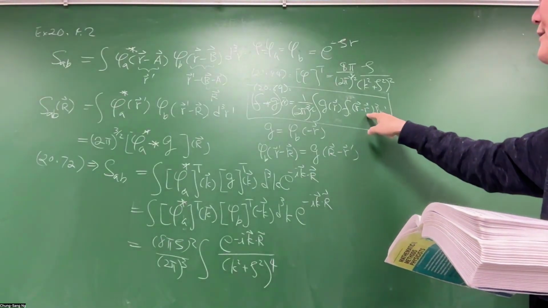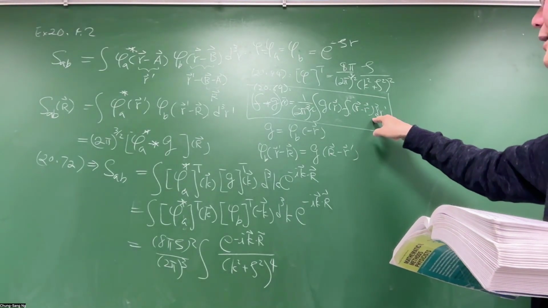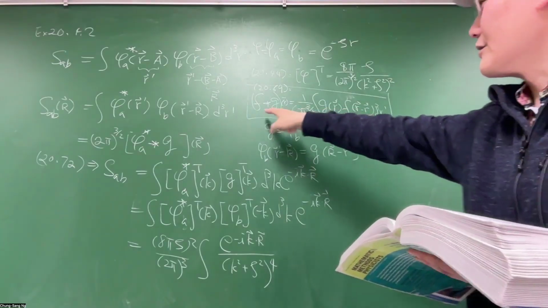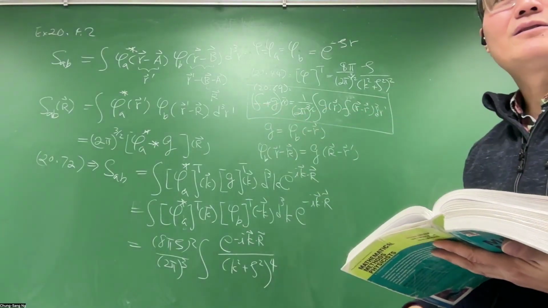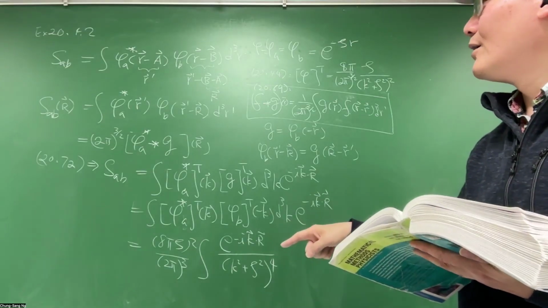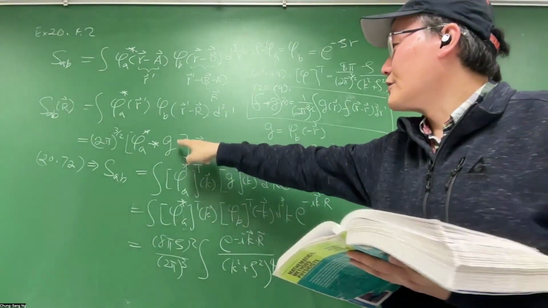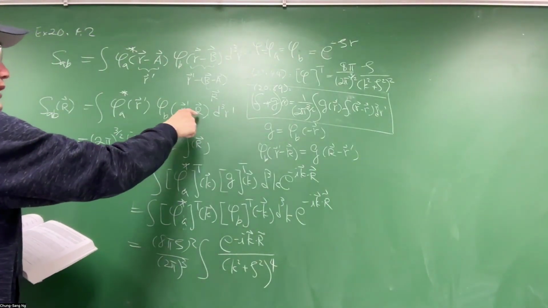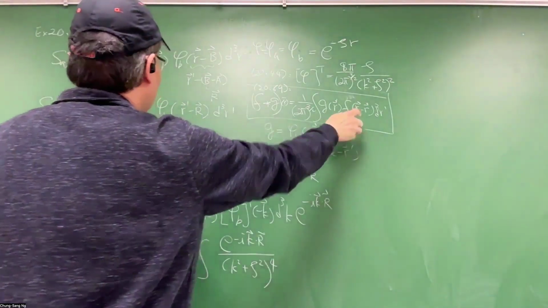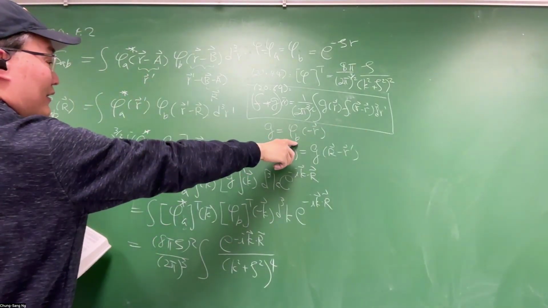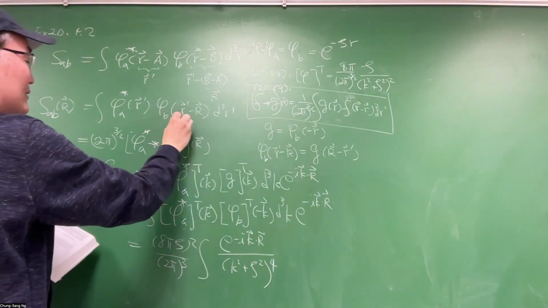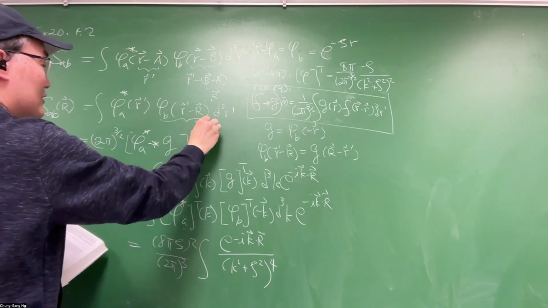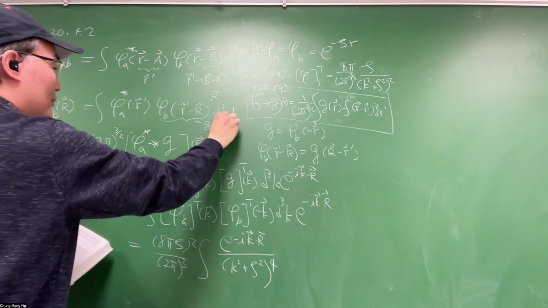This is defined as r minus r' with this function, f and g. Go into the definition. But this is g. Well, this is phi_b, right? The phi_b argument is r' minus r, not exactly as this. So you need to define the g like that. So this one is equal to g(r − r').